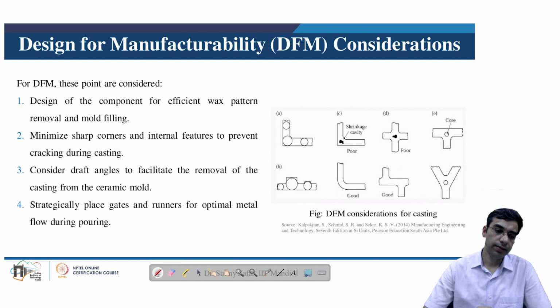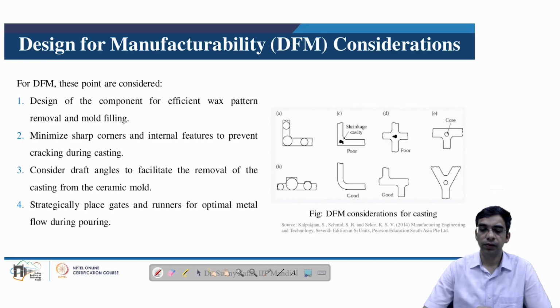Secondly, we also help to minimize the sharp corners and internal features to prevent cracking during casting. Because the presence of sharp corners and internal features generally becomes a point of stress concentration, and upon solidification there may be some residual stress which may result in internal or surface cracking, which is not desired in the cast product.